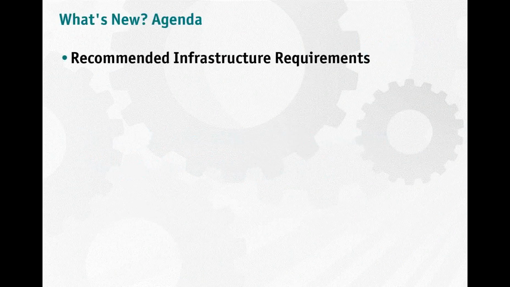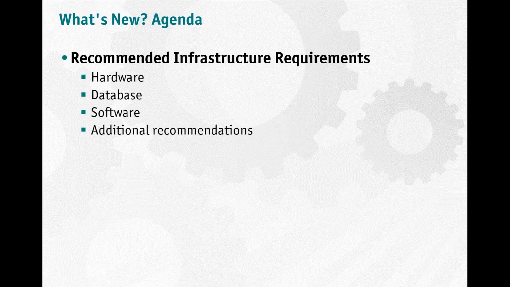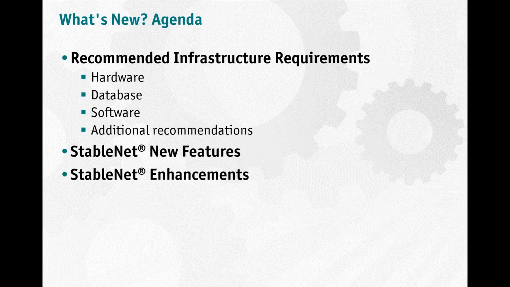As our agenda for today's webinar, we will at first look into the recommended infrastructure requirements on version 7.0, which will include the hardware, database, and software requirements. And I will also give you some additional recommendations. Afterwards, we will look into the new features and the enhancements we made. And as a final step, I will give you some hints on how to install or upgrade existing StableNet installations.